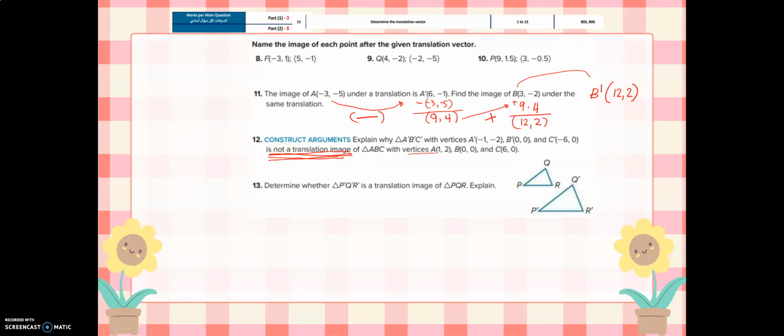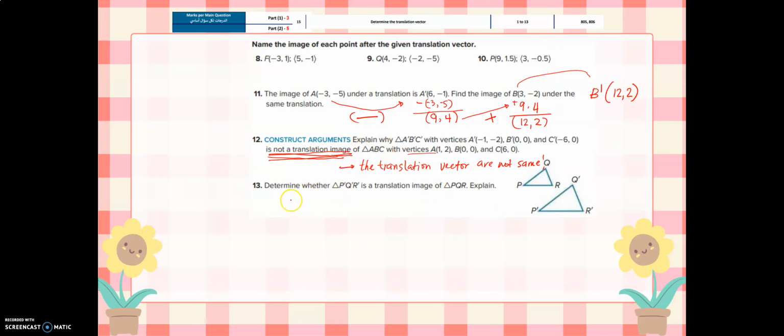So we know that the figure is a translation of another image when they have the same translation vector. Okay, but in this case, it says it's not a translation, so we can therefore say that the translation vectors are not the same. So this is basically the answer for this question number 12.